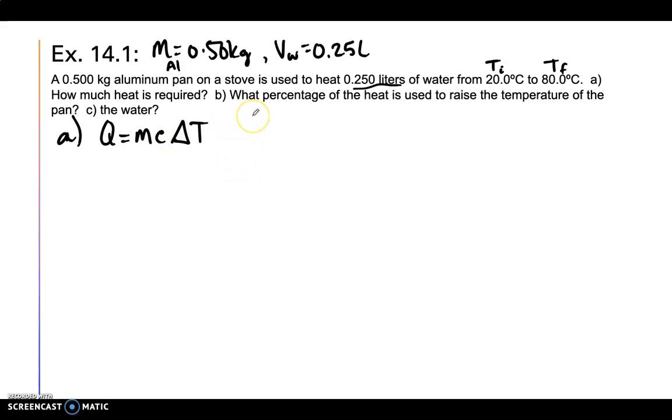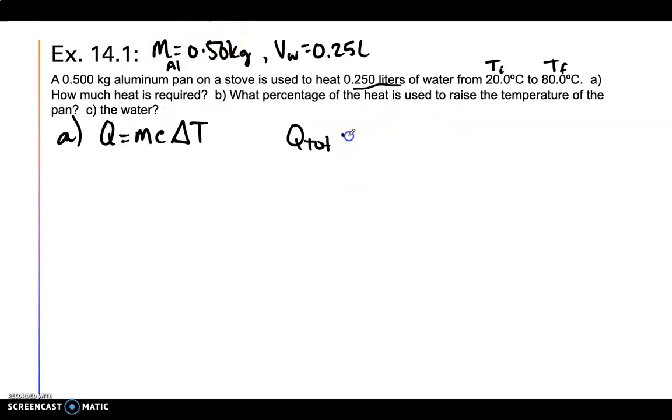Okay, we know that we are trying to increase our water temperature with an aluminum pan. So now we'll want to figure out the entire amount of heat, or the total heat, Q total, I'll say, for this to happen.